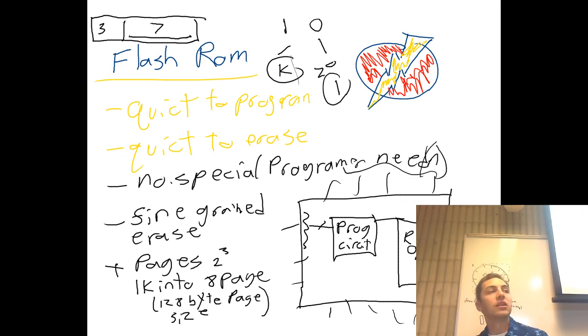Nowadays, we care a little bit less about having a full address and data bus. We'll typically buy a chip that has some kind of memory in it, and that memory may or may not include some kind of control circuitry, and then we'll have an interface.